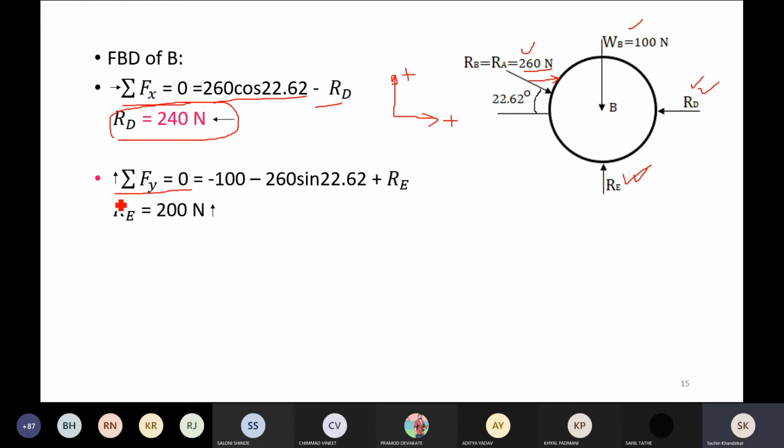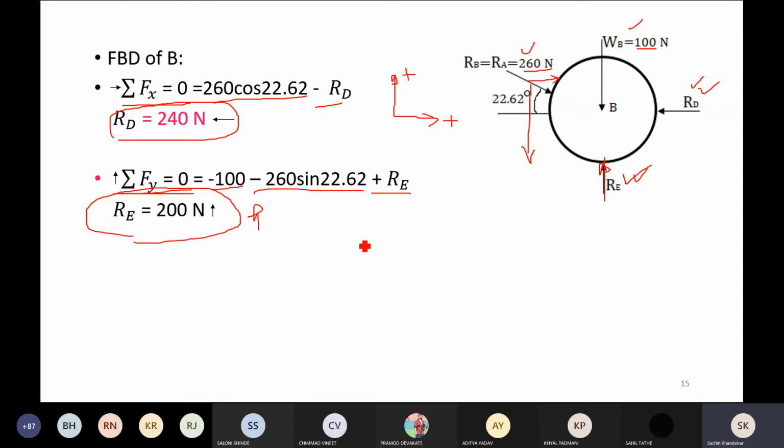Then applying summation Fy equal to 0: minus 100, as upward is positive and the weight is downward. Then the y component of the 260 Newton force is 260 into sin 22.62 with a negative sign, and then plus RE. Very simple. After solving, we got RE as 200 Newton in the upward direction.